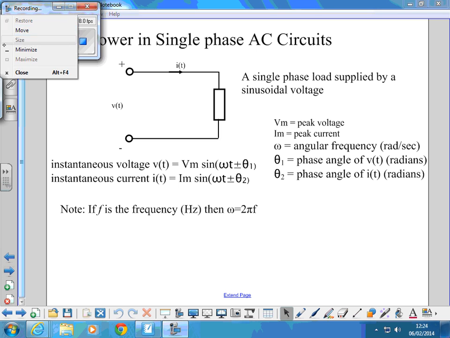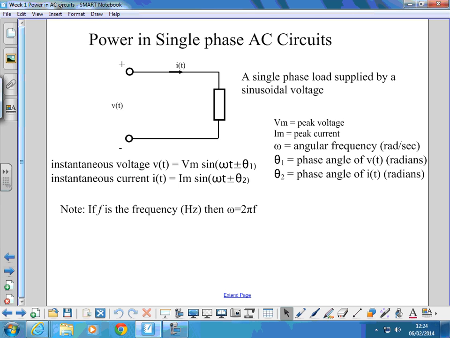Power in single-phase AC circuits. If we put a sinusoidal voltage, lowercase v of t, meaning the instantaneous value of a sinusoid, to a single-phase circuit, we would have a sinusoidal current flow in that, okay?